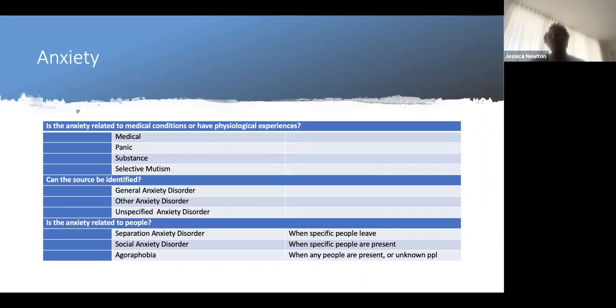So again, the first thing that we asked was medical conditions, or any physiological experiences. Are there heart palpitations? Are they sweating? Are they feeling physically different when this excessive worry is coming about, when these intrusive thoughts are?